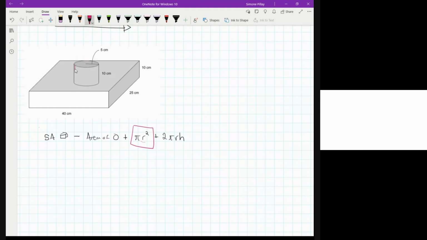Then, do you agree that this curved rectangle also forms part of my surface area? Yes, ma'am, because you can touch it. 100%. It's not blocked by anything. I can touch it. It's part of my surface area. So this 10 centimeters is the height.